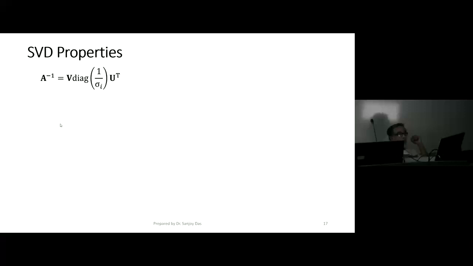So SVD properties: A inverse is V diag of 1 over sigma, so it's the diagonal matrix of 1 over sigmas, and U transpose. Singular values sigma i are the square roots of the eigenvalues lambda i of A transpose A or A A transpose.